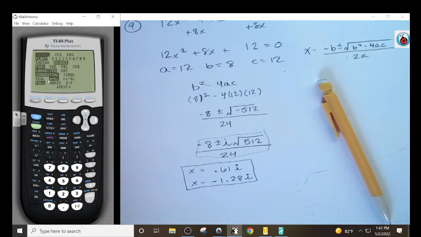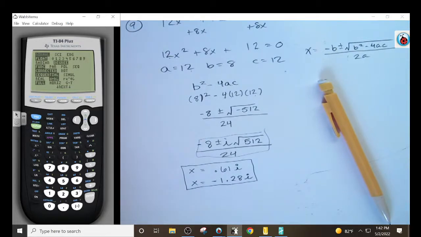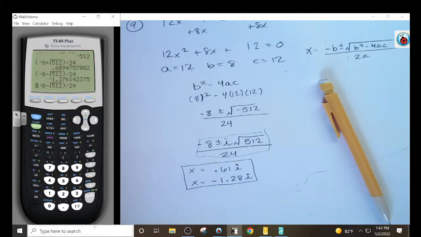But if it's like that, if you go up here and plug it in with the negative, you actually could plug it in with the negative, which you don't have to. They're going to give it to you because they're doing the real part and the imaginary part. Just do it the way we're doing it.